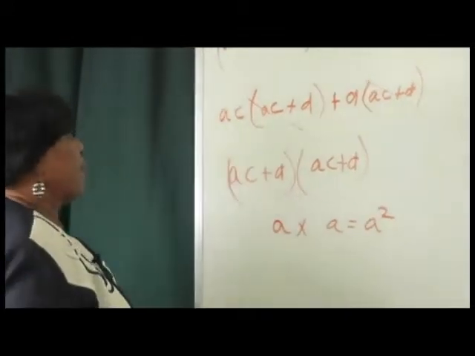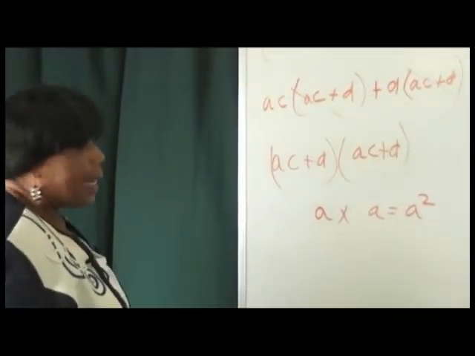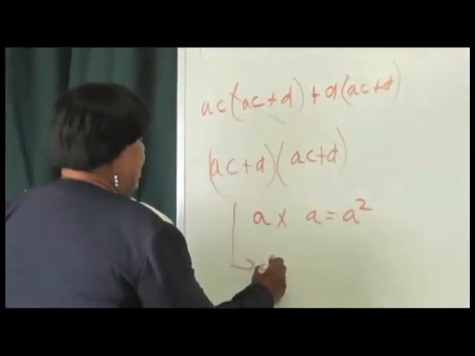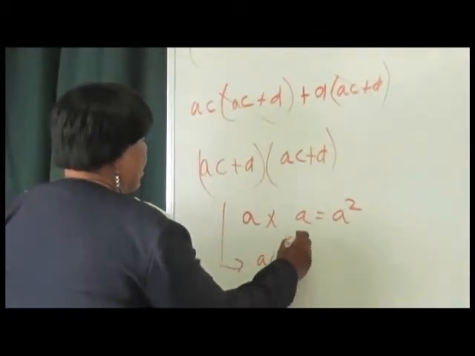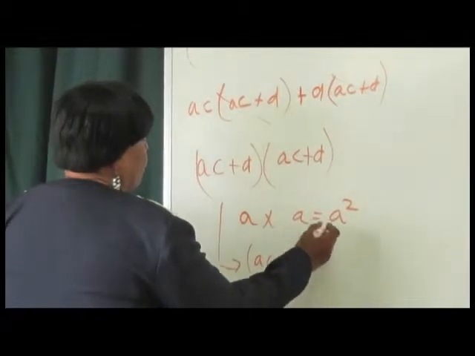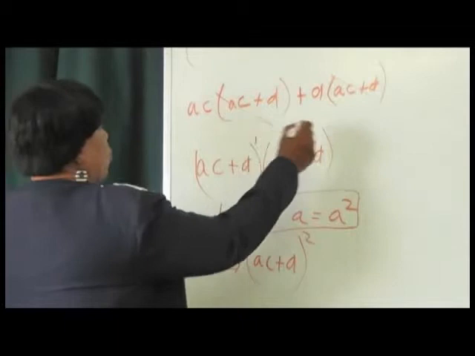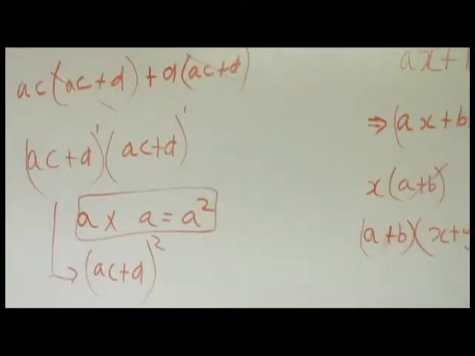So when we have AC plus D times AC plus D, it is indeed AC plus D all squared, because of this principle: that's to the 1, that's to the 1, and when we multiply, we add the index.